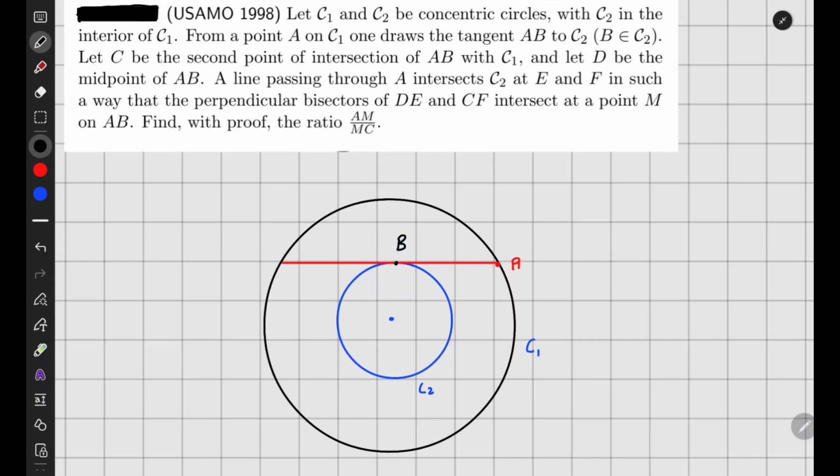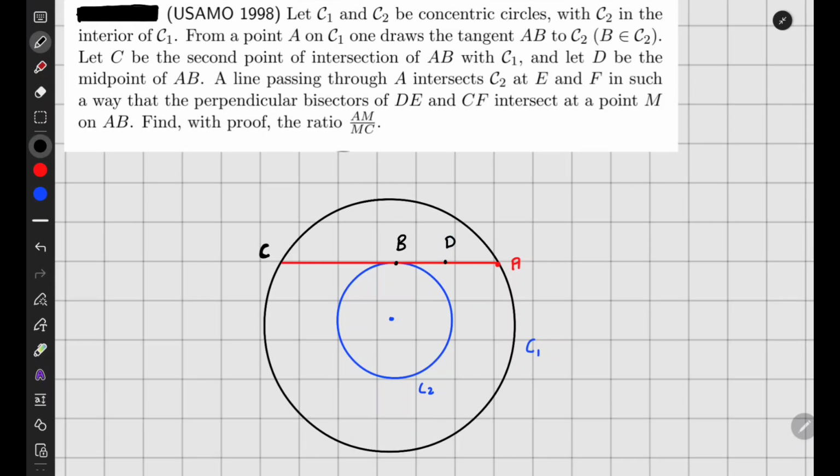Let C be the second point of intersection of AB with C1. So it is C, right? And let D be the midpoint of AB. Suppose it is D, the midpoint of AB.